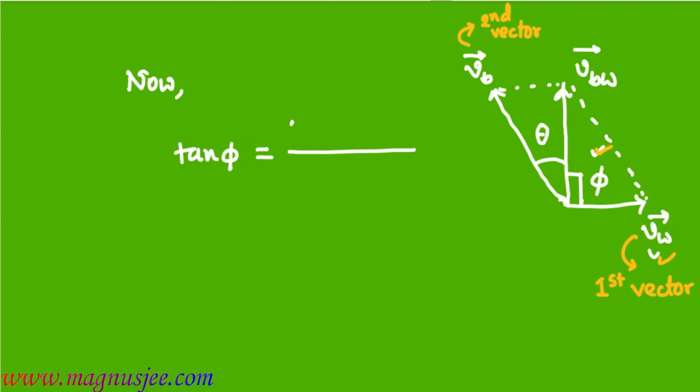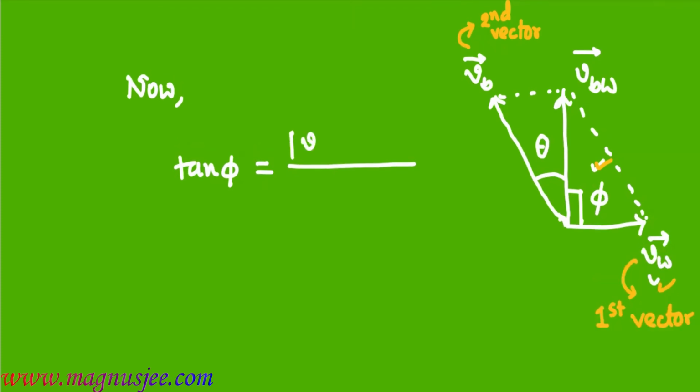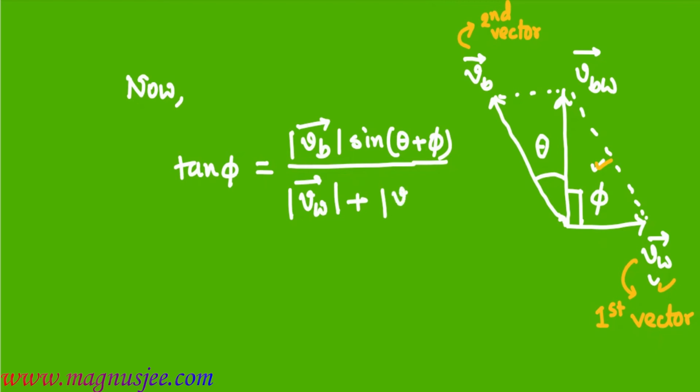So mod vector VBW sine(theta plus phi), divided by mod vector VW plus mod vector VBW cos(theta plus phi).